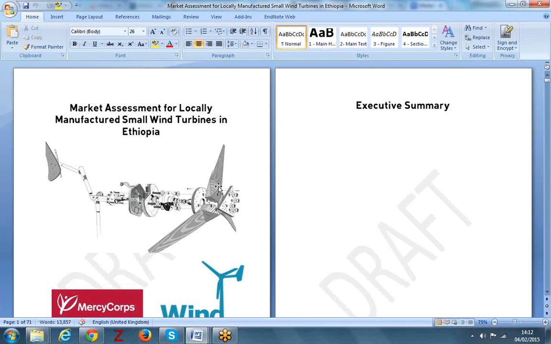Since we last spoke, myself and Kostas have been out to Ethiopia. We conducted the pilot project in the Jijiga area of the Somali region of Ethiopia. We ran a course which took about a week and then another week to install the wind turbine.